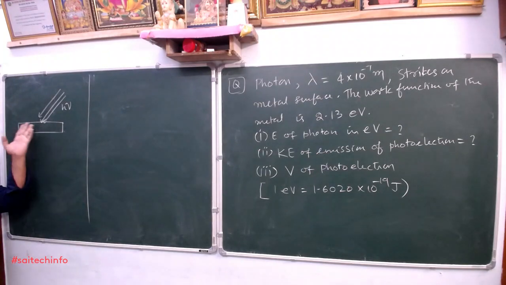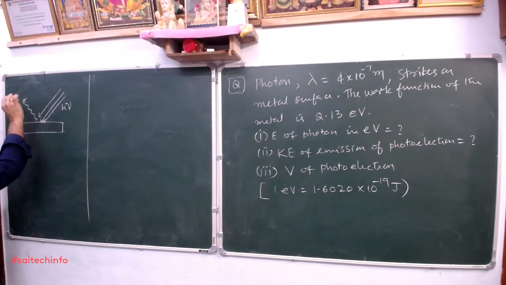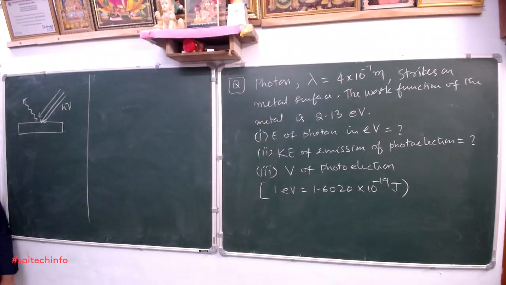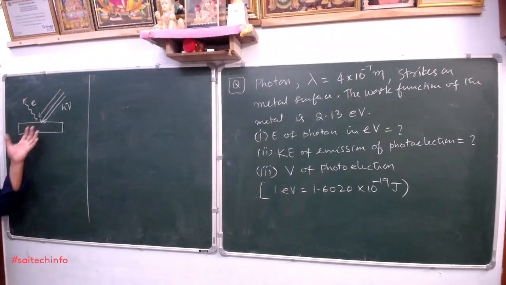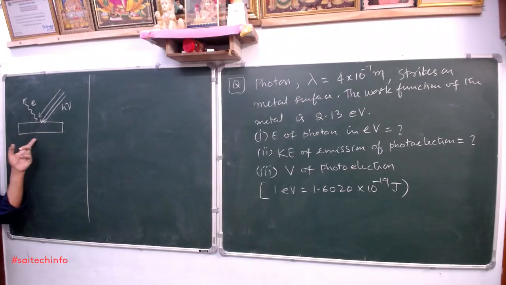The electrons available on the sheet of metal will be kicked out. These are called photoelectrons. And this phenomenon of emission of electrons on irradiation on a sheet metal is called the photoelectric effect. This is one of Einstein's findings.